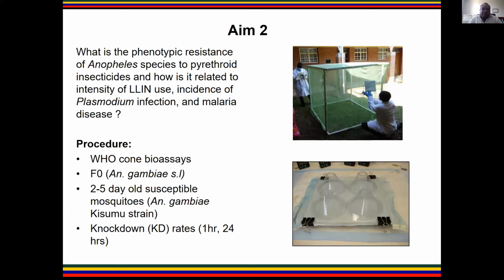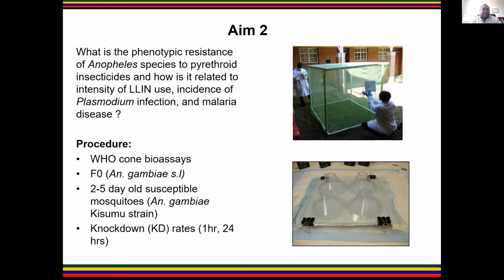The next steps on that aim are to analyze the infection data, which is still outstanding in terms of lab analysis for all the samples, and also do more detailed statistical analysis on that.